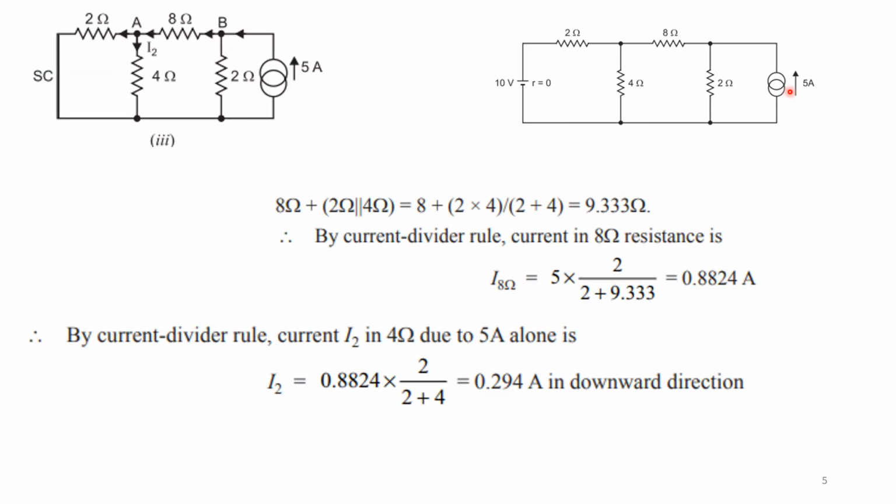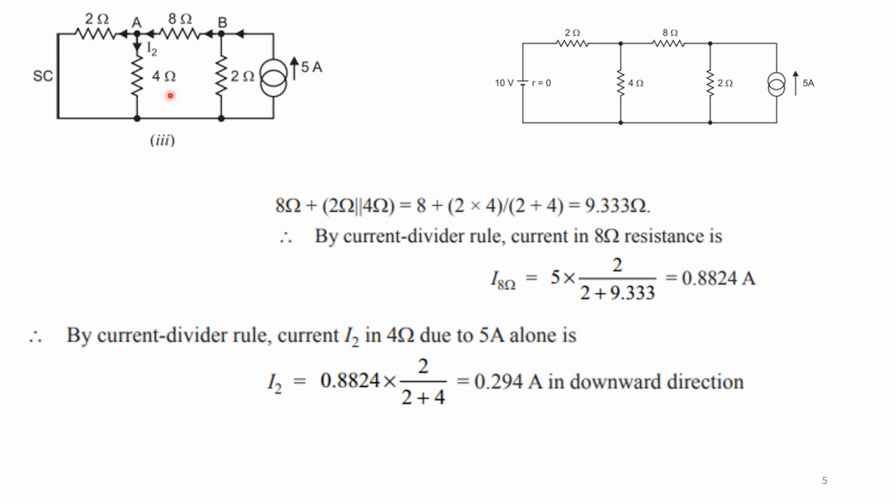Then next I am going to use only the current source. At that time the voltage source I have short circuited. So this is my diagram. Now we are going to see the current through this 4 ohm resistor. First, if I know the current through this 8 ohm resistor, I can find this I2. So for that I am again going to find the resistance.